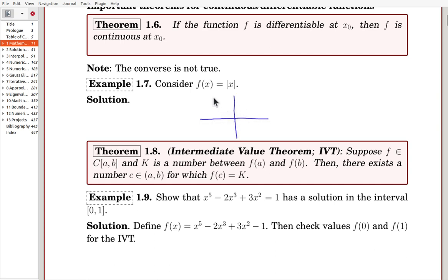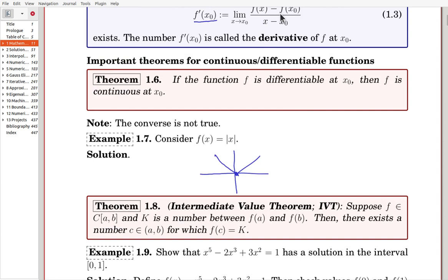Pictorially, we can make such a picture that is continuous here at the origin. However, it is not differentiable. If you measure the difference quotient from the left-hand side, once x is approaching from the left, then this quotient slope is -1, so that limit must be -1.